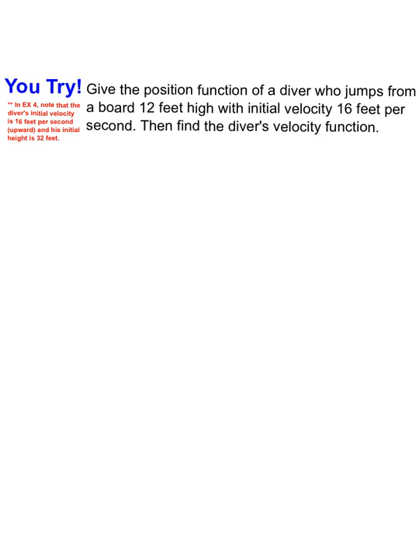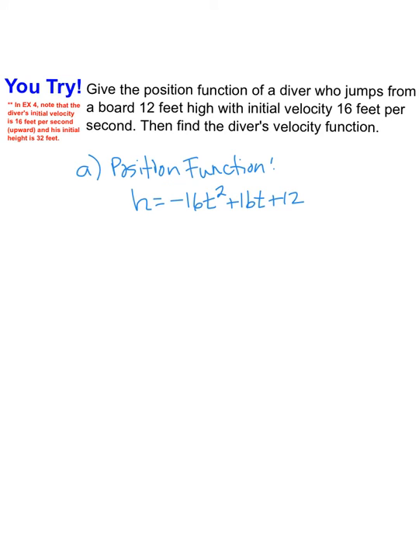So your position function, part A, should be h equals -16t squared, as they always are, but because the initial velocity is positive, we've got a positive 16t, and then the initial height was 12, so plus 12. So this is the first thing that the question asked you for, so good job if you got that.